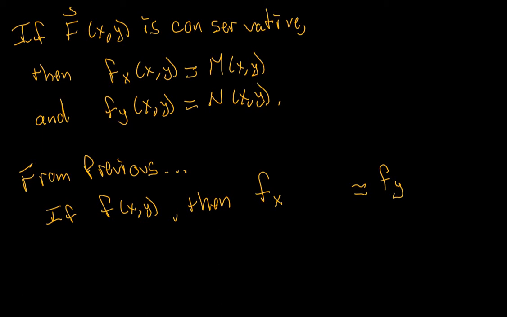But if you start with the x derivative and then take the y derivative, that's equal to if you start with the y derivative and then take the x derivative. So these were called the mixed partial derivatives, and that's from earlier in the course.